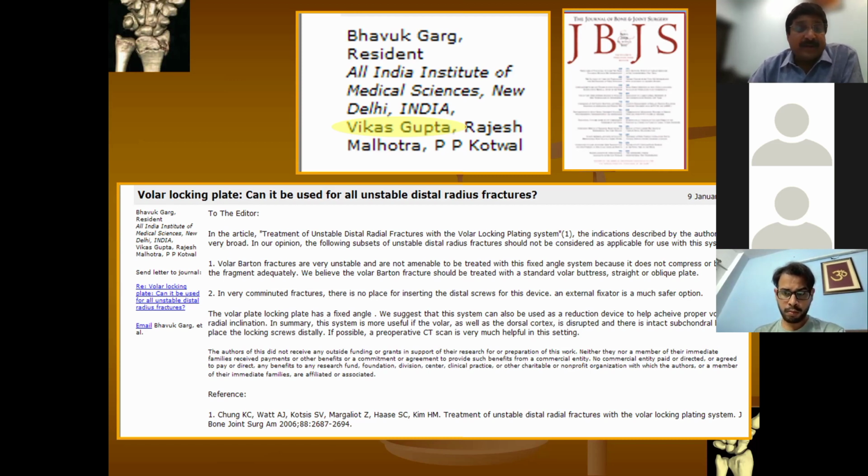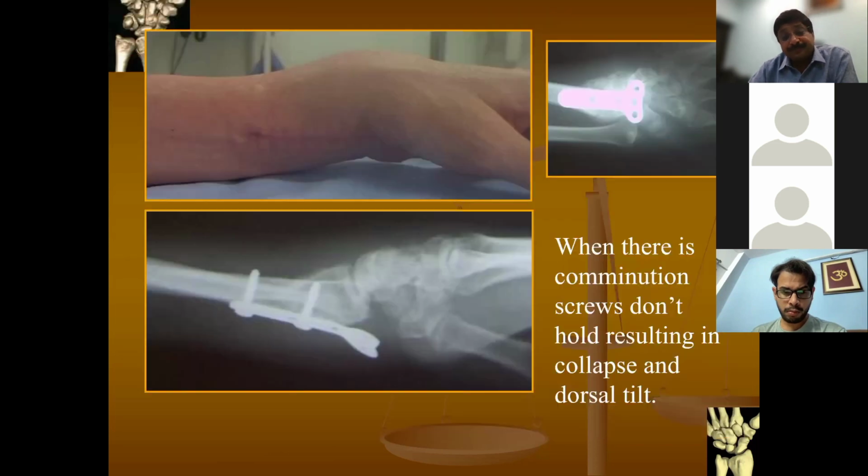Unless you under-contour it, you're not going to get compression at the fracture site. It's not necessary to have fixation in the distal fragment, but to be on the safer side so the fragment does not slip under the plate, you can use locking screws in the distal part also.